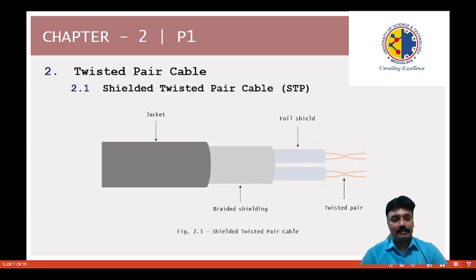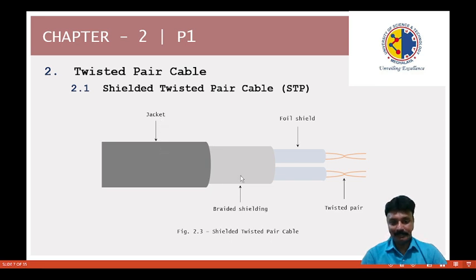So number two is twisted pair cable. In twisted pair cable, there are two types, shielded and unshielded. The shielded twisted pair cable: if you see this, two pairs are there in the core in the middle. It is covered by the foil shield, then the braided shield, then the outer plastic jacket.